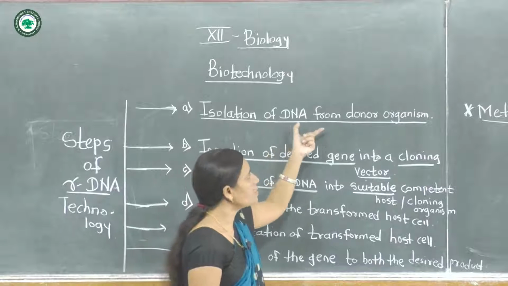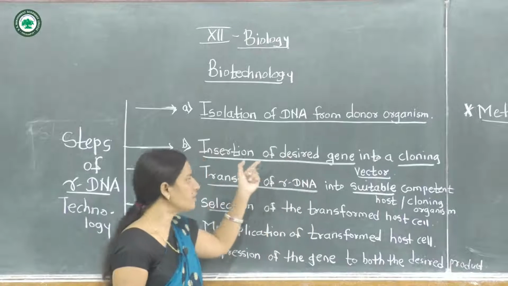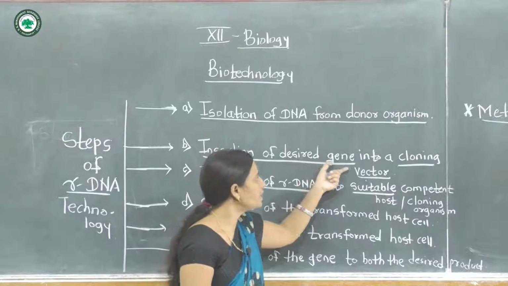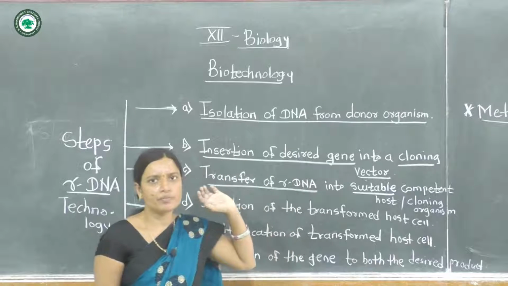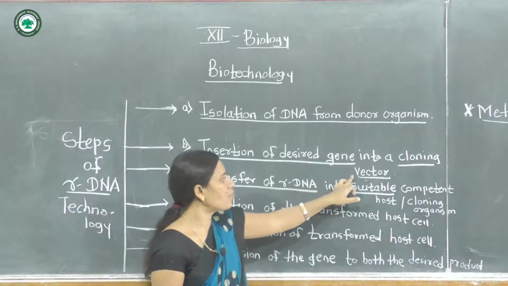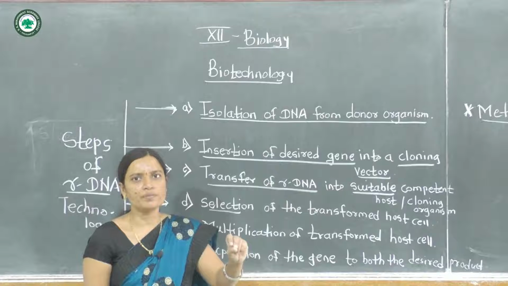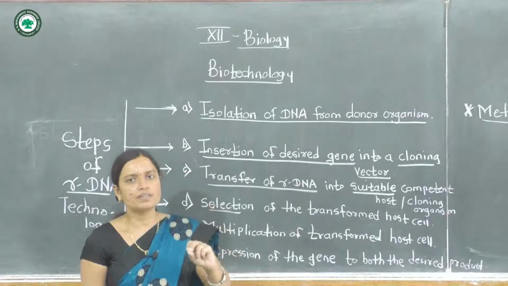This isolated DNA is later transferred, as a specific desired gene, into the cloning vector. The vector is important for this insertion process. A vector is a vehicle, and it can transfer the genetic material.